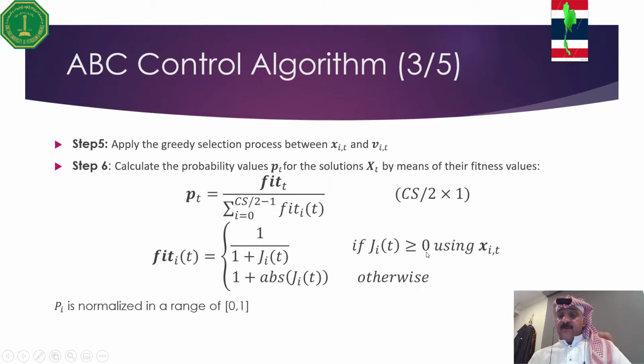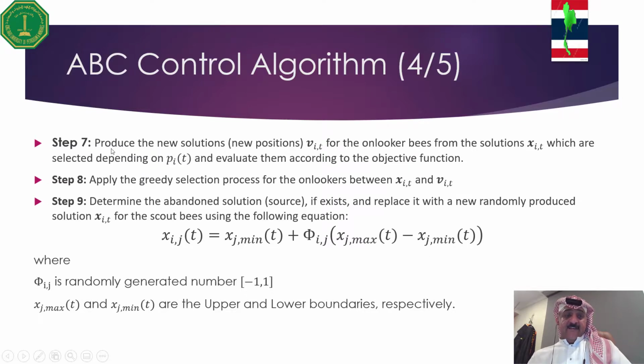It should be a positive number. Then step 7, produce the new solution, Vij, for the onlooker bees from the solution xit, which are selected depending on probability, and we evaluate the objective function. Then we apply greedy selection between xi and vi.